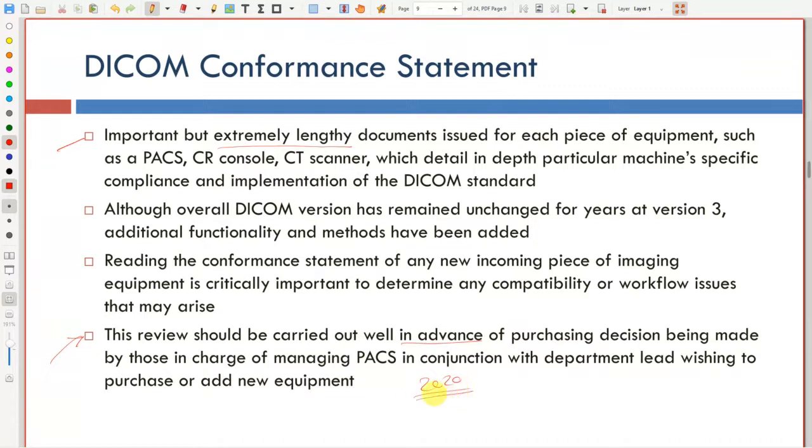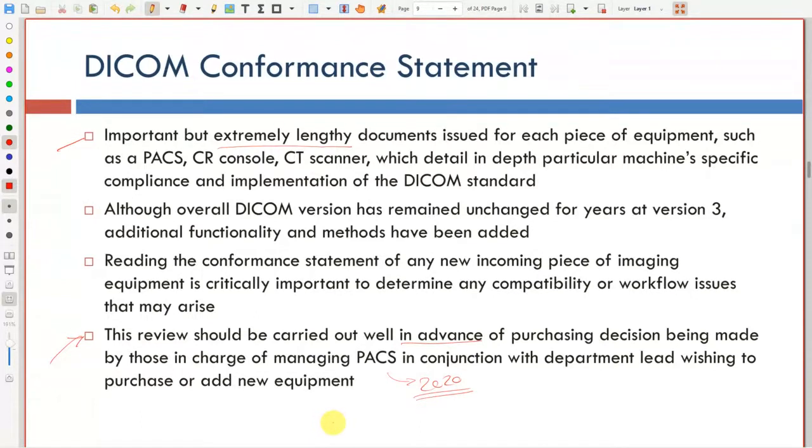So you need to make sure that the conformance statement of the PACS system that you're going to purchase includes all the additions that were added in the 2020 version. Okay, so you need to not just think about whatever you have right now. You need to think about the future as well.